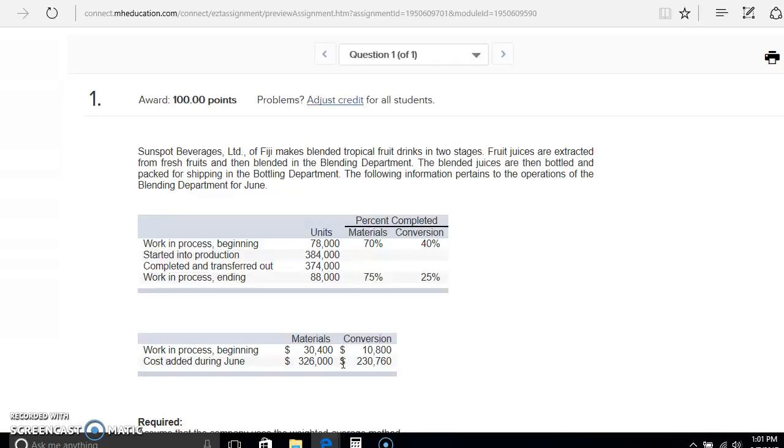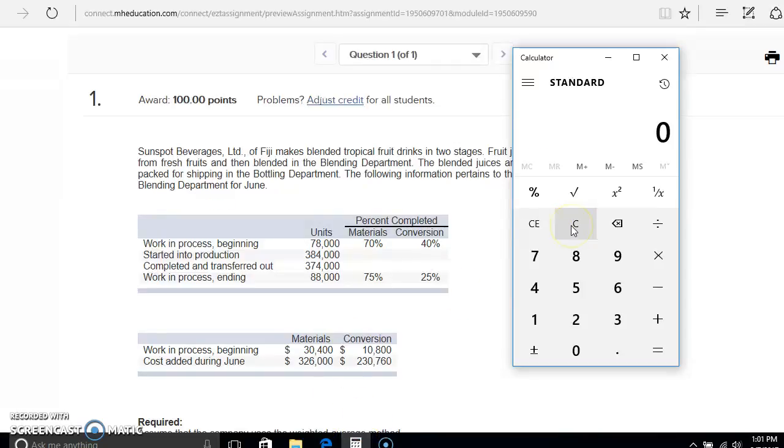Now, remember, we have 440,000 equivalent units that we just calculated. So per unit, I'm going to do 356,400 divided by 440. So my cost per equivalent unit is going to be about 81 cents, a little under 80 cents for materials.